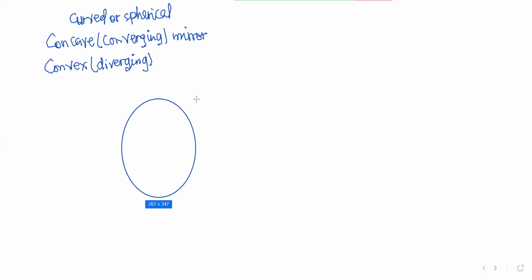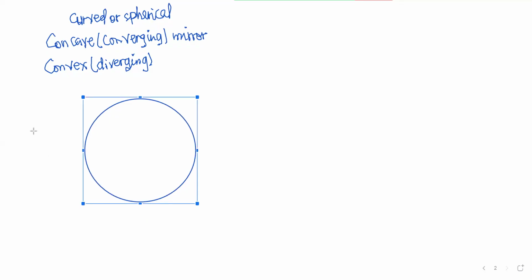So assuming this is that spherical ball in question, if we decide to take a section of this, maybe a section AB, and if I decide to shade or coat one end, and here I'm coating the outer part with silver, meaning this is the coated part, and then the inner part is the reflecting surface.